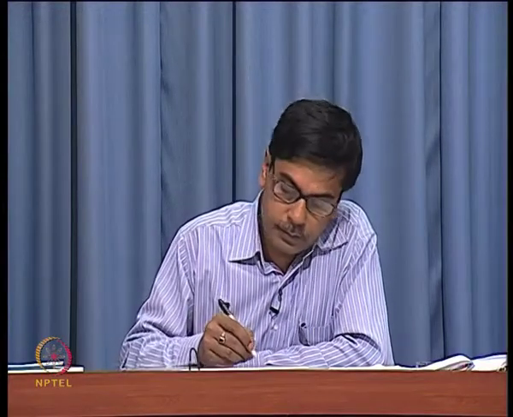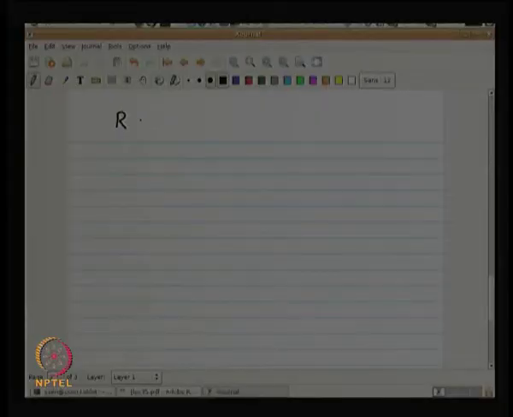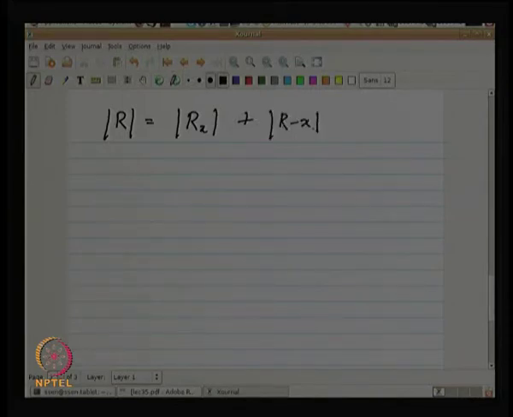I have written that. So, R is equal to R sub x plus R minus x. Right. So, what is our claim from the induction hypothesis? Let us first look at this.